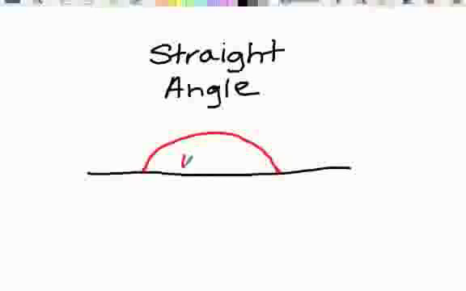And that is 180 degrees. If you know basketball or skateboarding, a 180 would be from here all the way to here. So a straight angle is 180 degrees. A straight line is kind of the same as a straight angle. It's 180 degrees. So that's our special fourth kind of angle. It's an angle, but it's special.